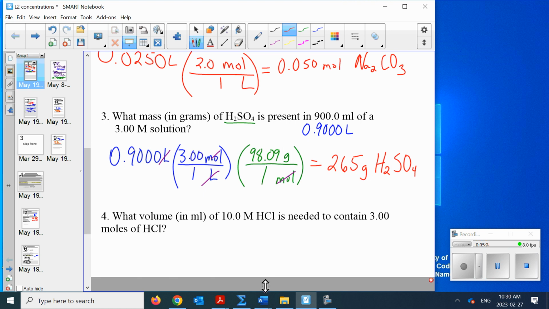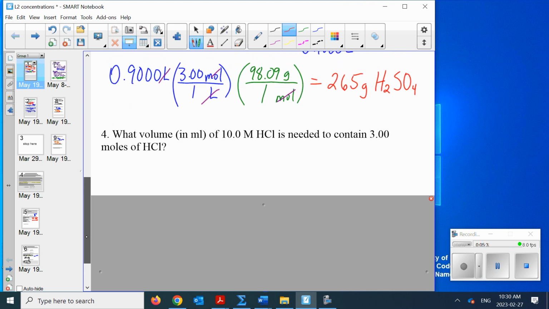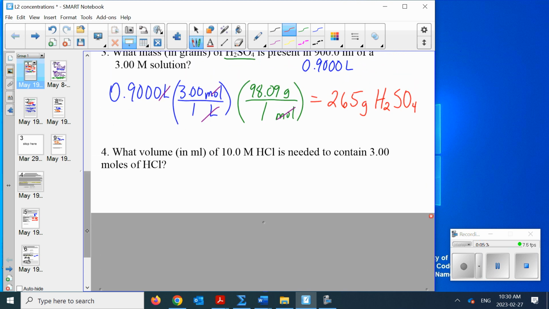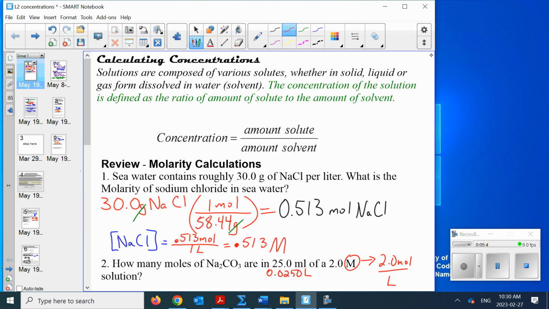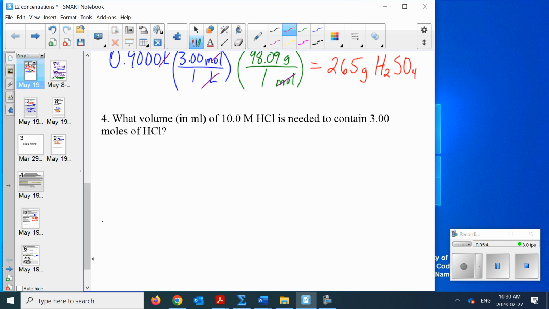Last problem, and then I've got some review stuff from both equilibrium and solution equilibrium. What volume in mils of a 10 molar solution of HCl contains 3 moles of HCl?